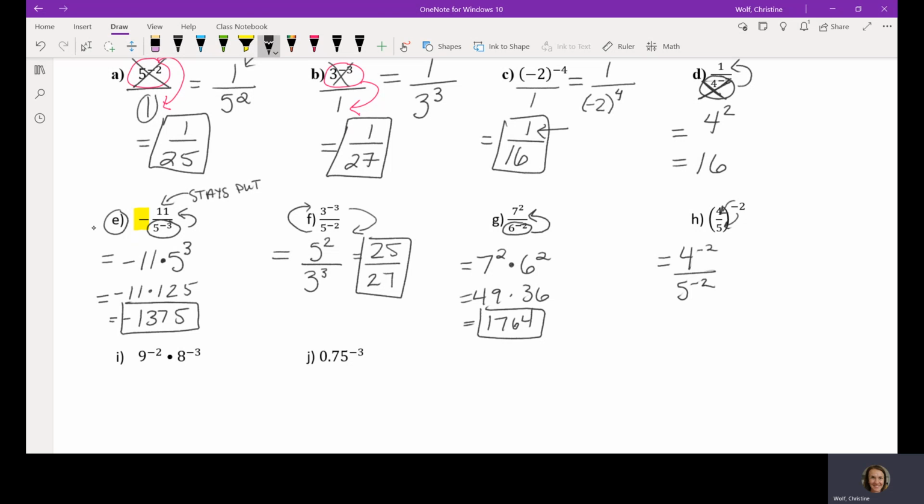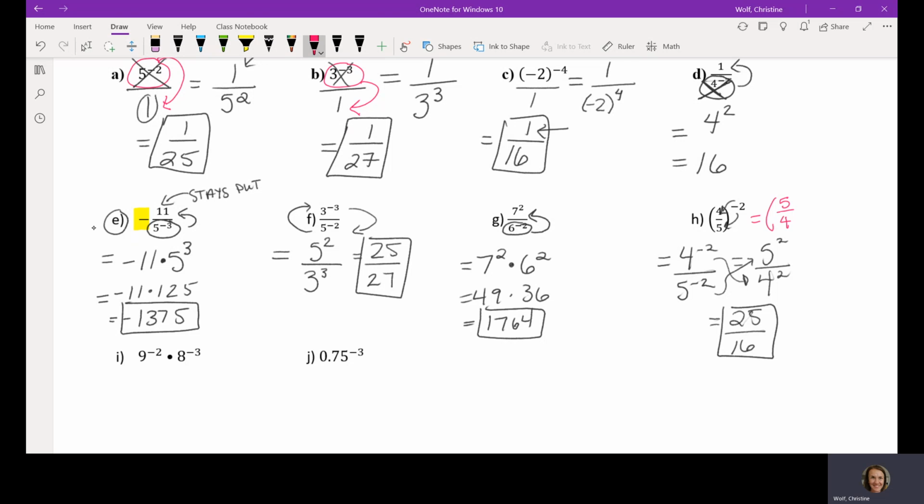So in this case, we would say, okay, well, both of these guys have been bad. The 4 has been bad and the 5 has been bad. So we're going to send that 4 down and it becomes positive, and we're going to send that 5 up and it becomes positive. So it's 25 over 16 and you're done. So another way you can do this, if you want, is from this step right here, you just flip the fraction.